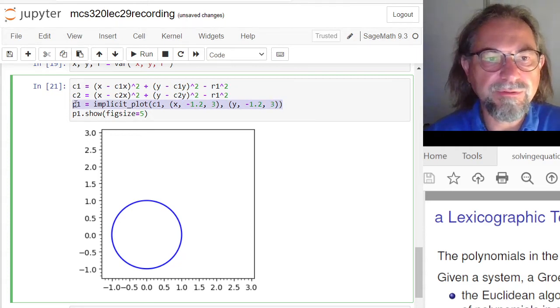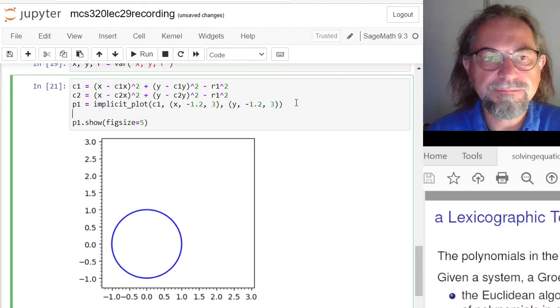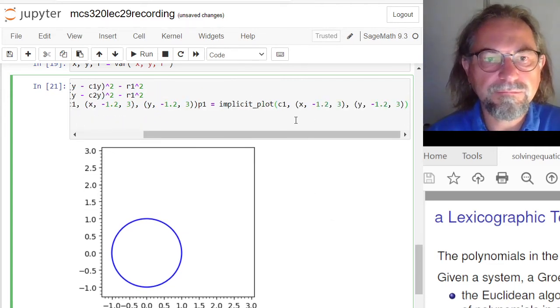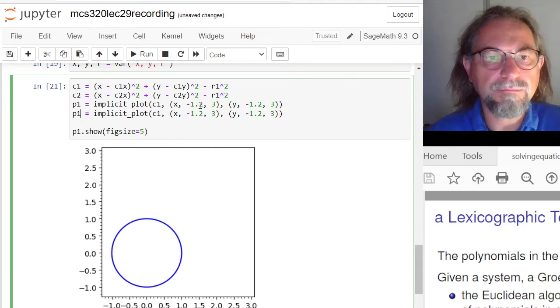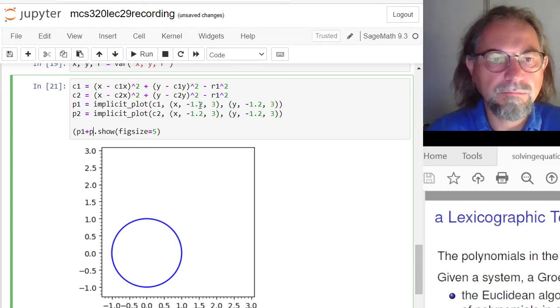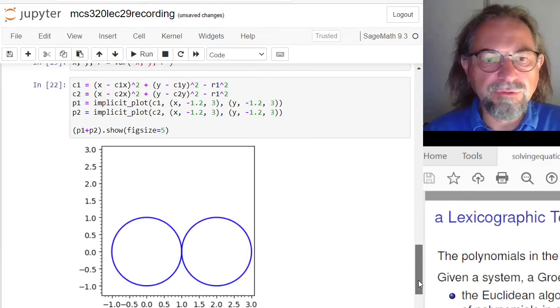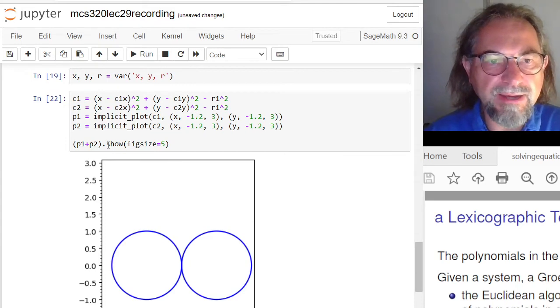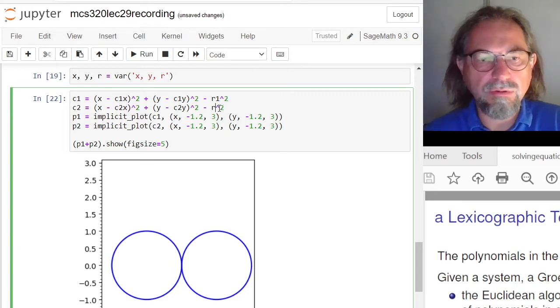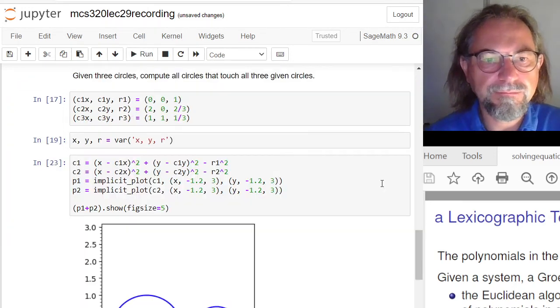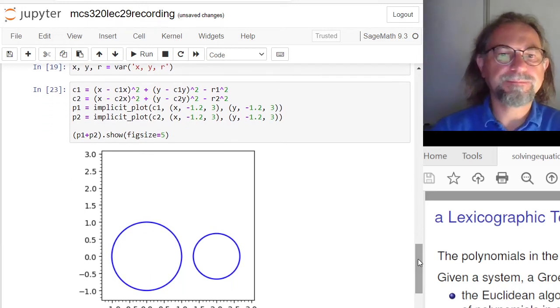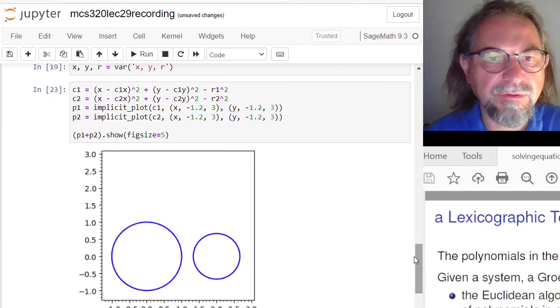Let me try to copy and paste, and then adjust the indices. Okay, so the two circles are touching each other. What happened is that I was using the wrong radius. Here it is. So this is my second circle.